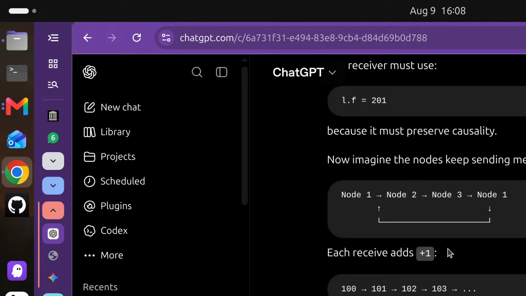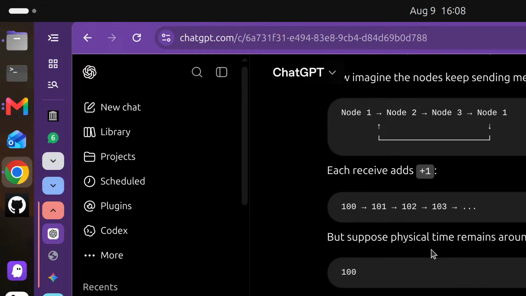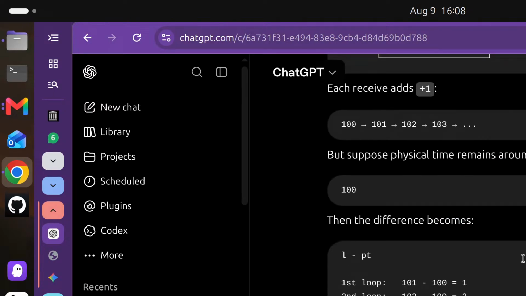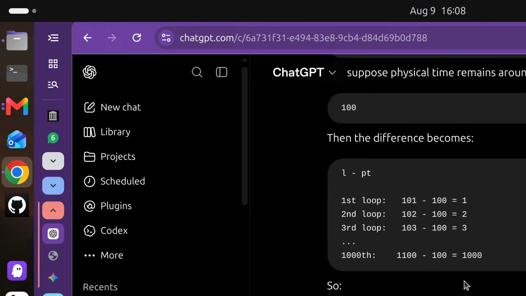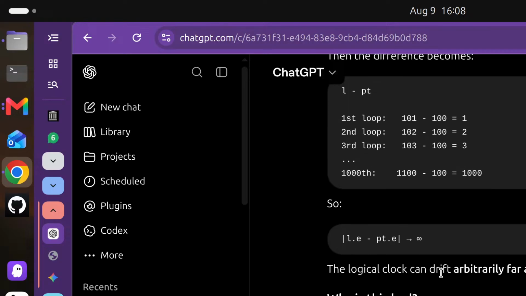Each receive adds plus 1: 101, 102, 103, 104. But suppose physical time remains around 100. Then the difference L minus P becomes first loop 1, then 2, then 3, like this. So the logical clock can drift arbitrarily far ahead of physical time.